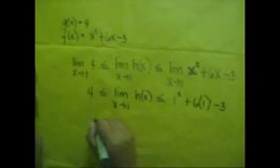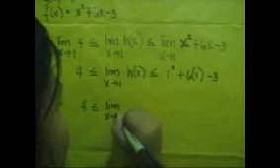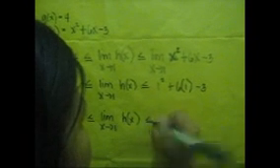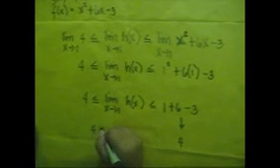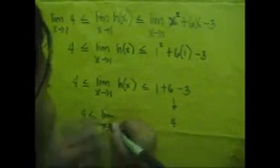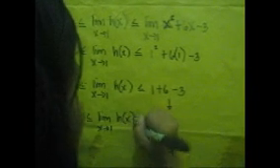So we will have 4 less than or equal to the limit as x approaches 1 of h of x, which is less than or equal to 1 plus 6 minus 3, which equals 4. So 4 is less than or equal to the limit as x approaches 1 of h of x, which is less than or equal to 4.